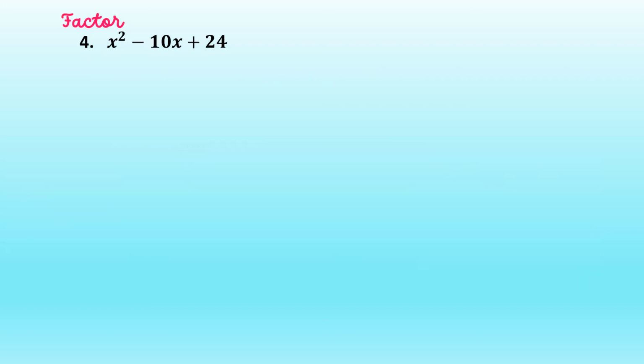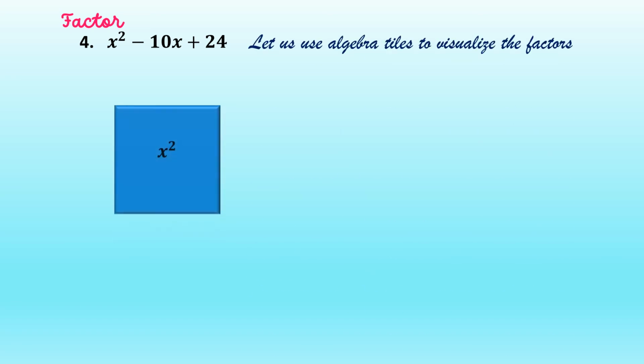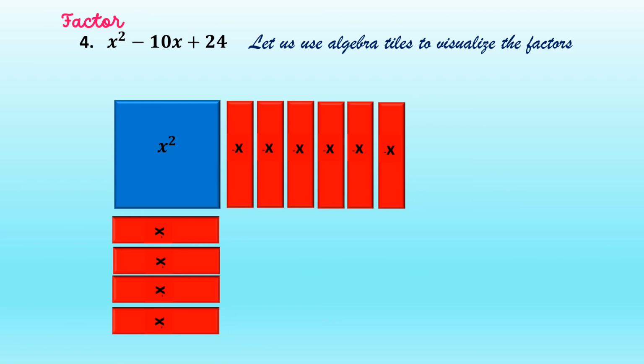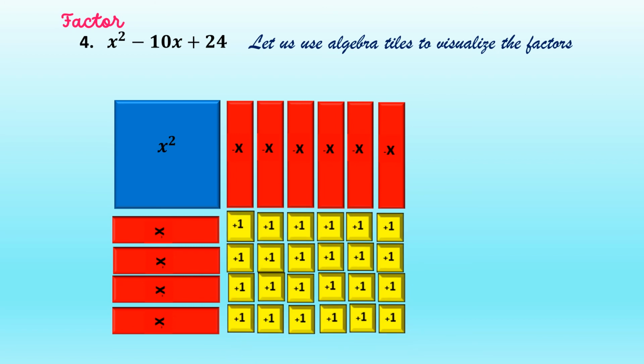Visualizing the factors of x squared minus 10x plus 24, we have 1 blue x squared tile. On its right side, we have 6 red tiles, and below it, we have 4 red tiles. Then we will arrange on the space the 24 positive or yellow tiles.